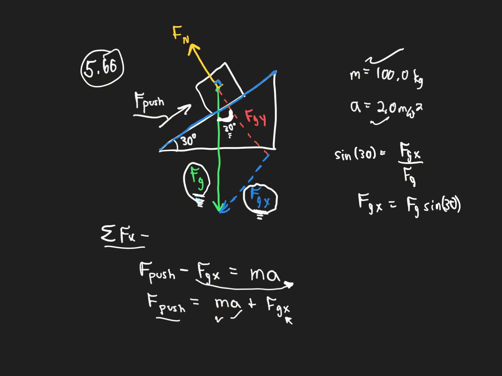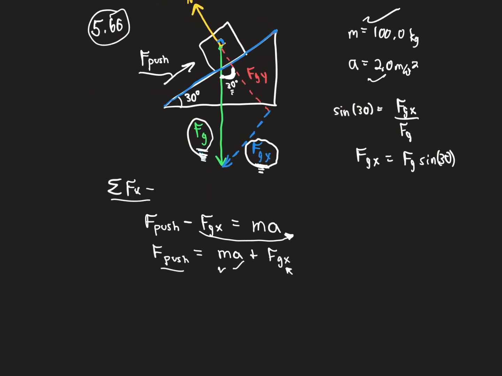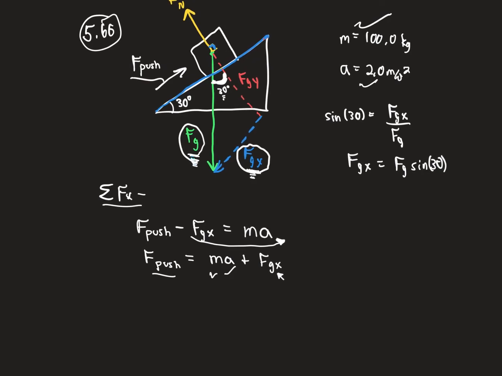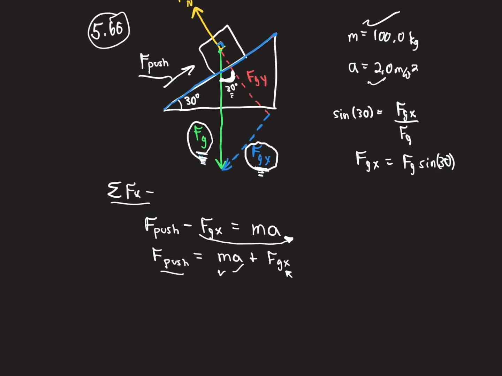I can solve this for FGX and see that FGX is equal to FG times sine of 30. And Fg is the force of gravity, so that means it's not only g. It's a common mistake students make. They say Fg is g. Fg is the force of gravity, so it has to be equal to the mass times the gravity. So FGX is equal to Fg, the mass times the gravity, times sine of 30.